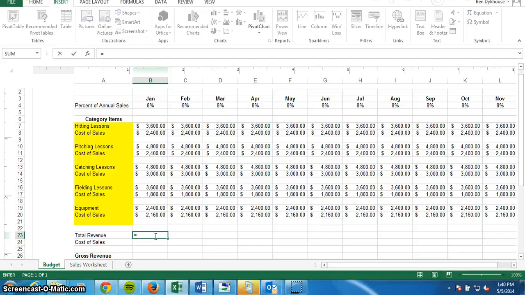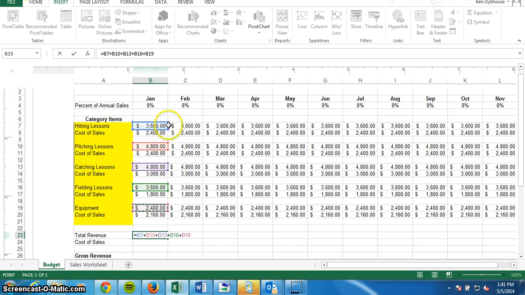I'm going to type in the formula equals, and then I'm going to start clicking on my total revenue boxes. So B7, for me, plus, oops, I did equals because I forgot a shift, plus B10, so now that's my pitching lessons total revenue, plus my catching lessons, there they are, plus my fielding lessons total, and it's kind of nice, they stay highlighted so I know I'm adding up the correct thing, plus my equipment total.